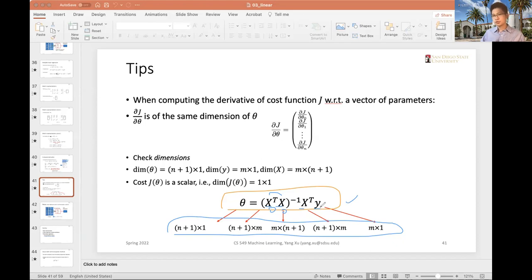So you just need to check the dimensions for each one and see if the dimension of the outcome of a product actually matches with the next component in the equation. If it doesn't match, then probably there's a mistake in your implementation, or there's a mistake in the equation.